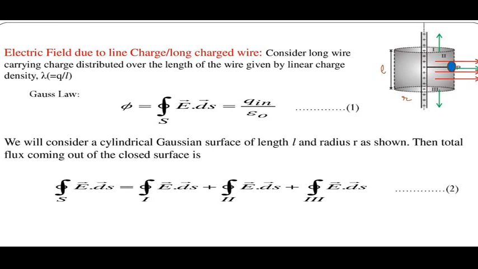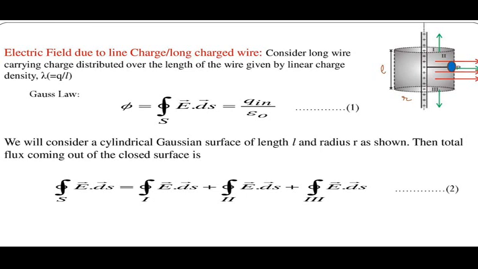So for surface 1, the dot product of electric field with the area will become 0. Similarly is the case for surface 3. Here also the area vector and electric field are perpendicular to each other, so their dot product will vanish. So in equation number 2, the flux through surfaces 1 and 3 is simply 0.